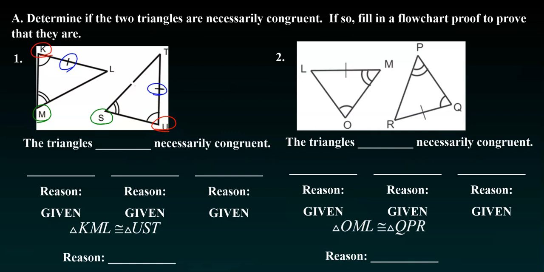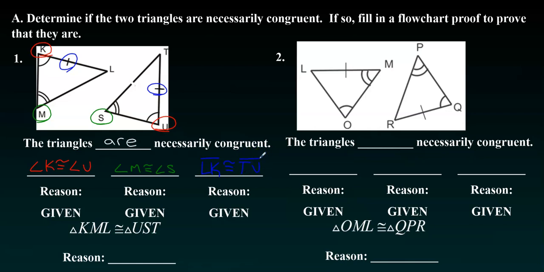Okay, so they are necessarily congruent, and we can make our statements. Our first one would say that angle K is congruent to angle U. Our second statement would say angle M is congruent to angle S. And our last statement would say side LK is congruent to side TU.